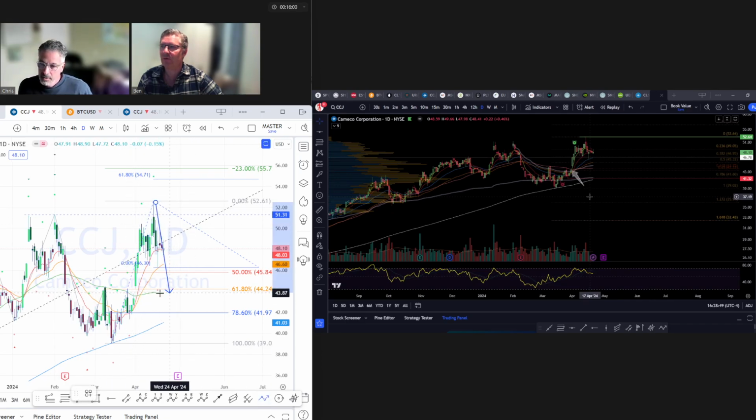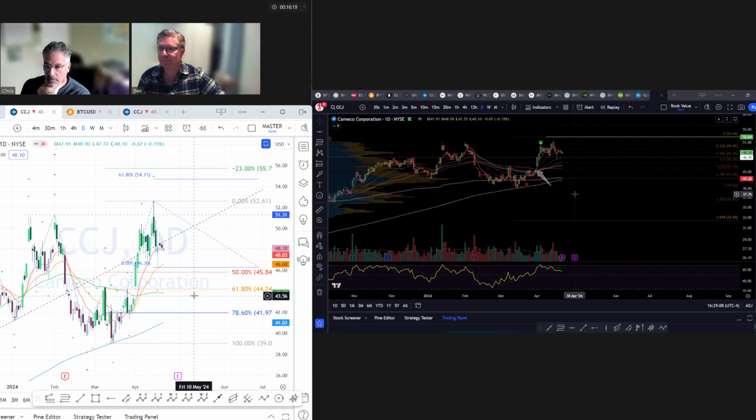Now it may not get filled in the next, it might take years to get it filled. I think I found one gap, but it took like 10 years to fill it, but it did fill. So there's no guarantee that it will fill, but obviously the longer we move away from that gap without it being filled, the less chance it's going to be filled, which is kind of self-fulfilling, of course.